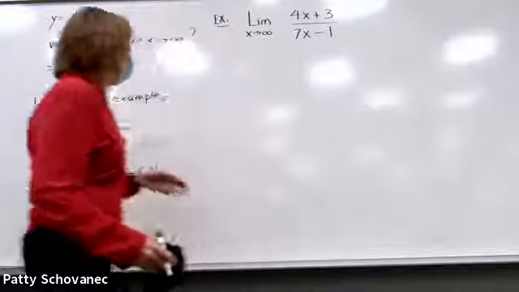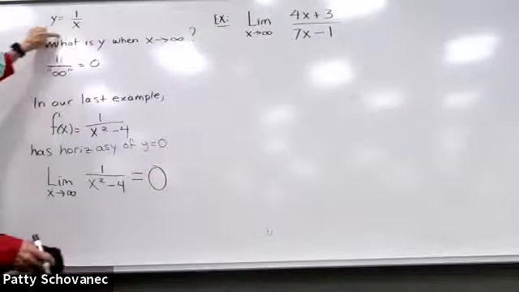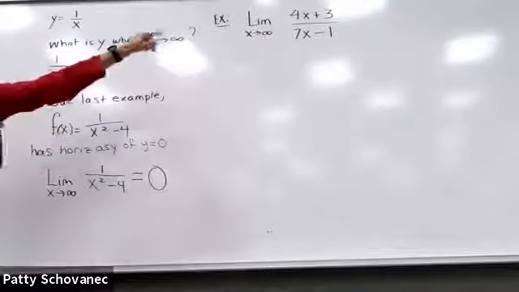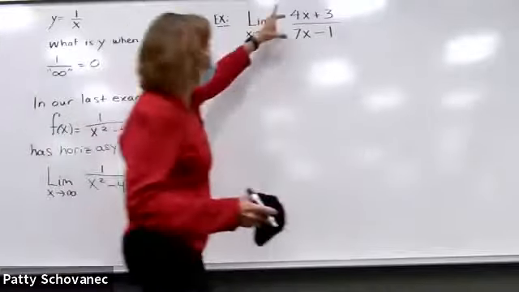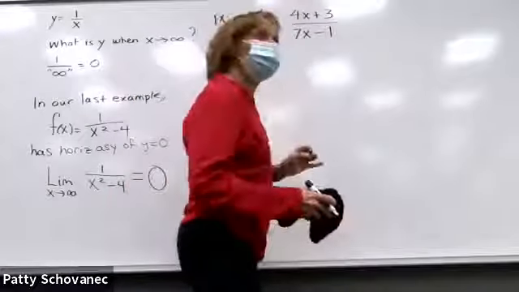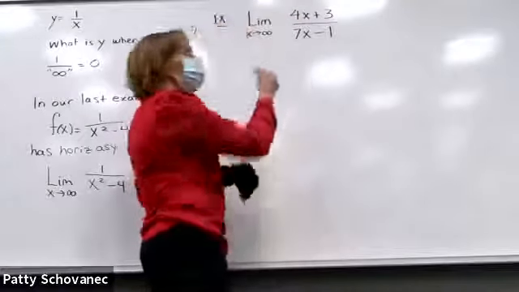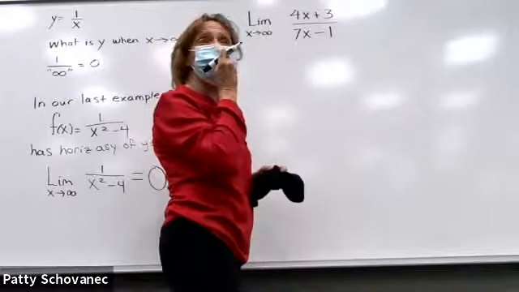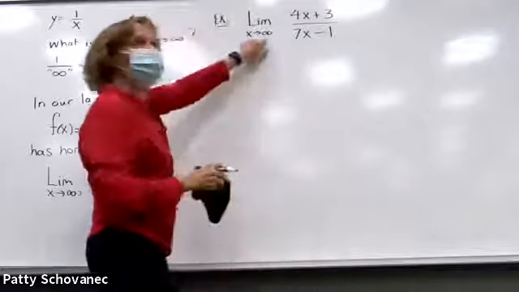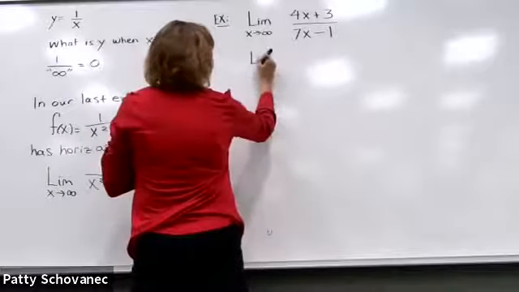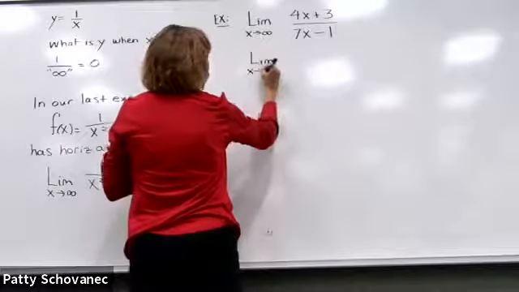So what I'm going to do is introduce terms that look like this. I'm multiplying that fraction by 1. The highest power of x in each case is x to the first power. So I'm going to multiply top and bottom by 1 over x. And I'm allowed to do that as long as x is not 0, and it's not. It's going to be a big number. So I'm just going to do this algebra right here.